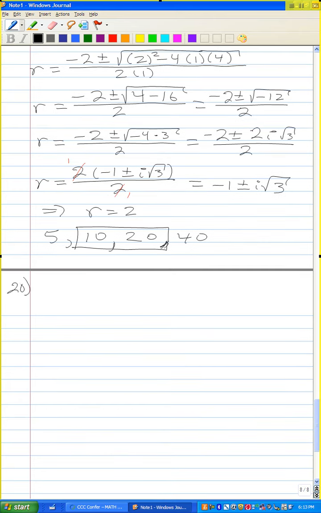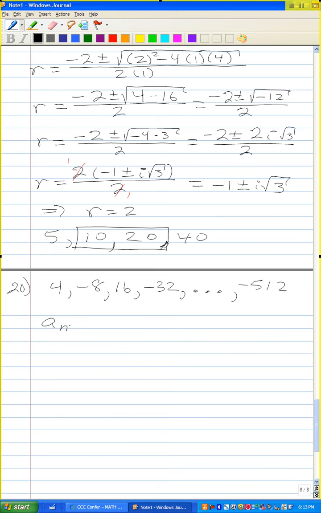4, negative 8, 16, negative 32, and then a whole bunch of terms, negative 512. In exercises 20 through 24, find the number of terms in the given geometric sequence. And so let's do that.